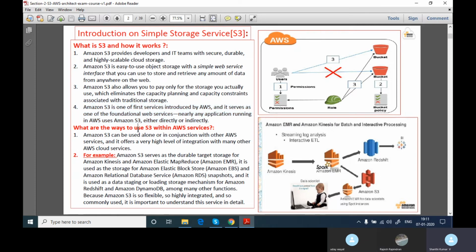So what are the ways to use S3 within AWS services? We'll see. S3 can be used alone or in conjunction with other AWS services, and it offers a very high level of integration with many other AWS services. Basically, we have many services in AWS. If you take EC2, it needs some kind of files to be copied into the local machine, the virtual machine, either Linux or Windows.